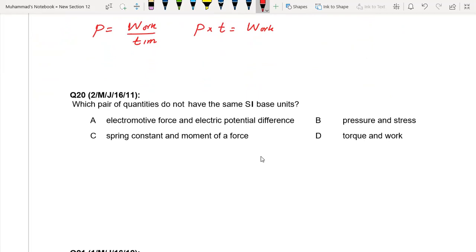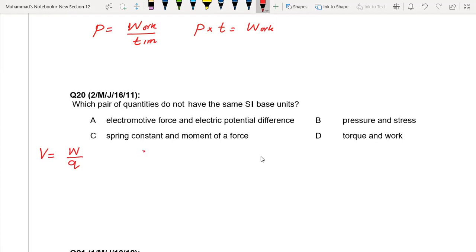Electromotive force and electric potential difference. You know that potential difference is defined as work done per unit charge, or energy transferred per unit charge, when energy is converted from electrical to other form.